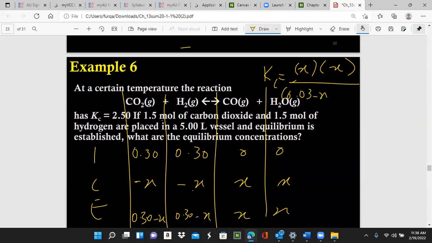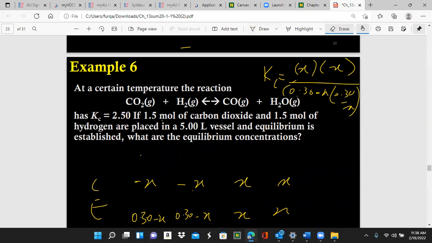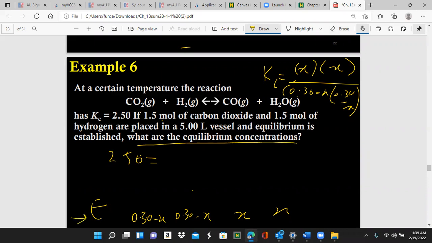Now we have to sort this out. Is the K value given to us? Yes, the K value is given to us, which is 2.50. It's asking for the equilibrium concentrations for all of them. This is what they're interested in.